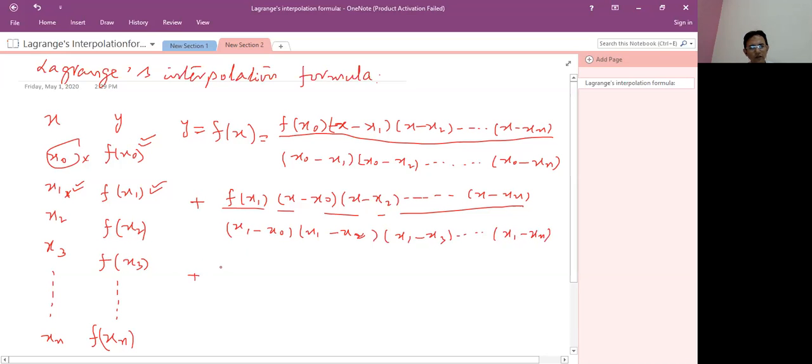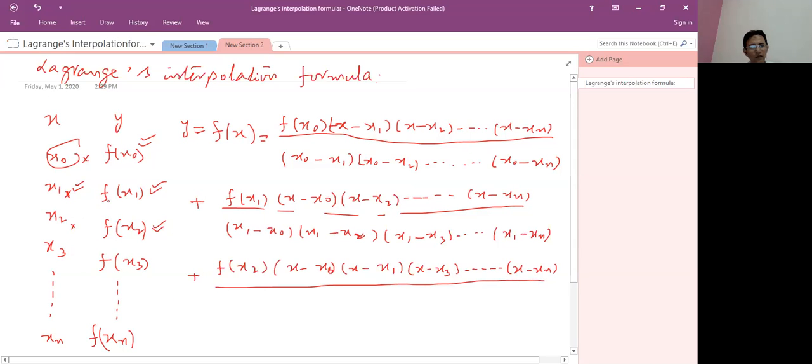Similarly, for the second value, if we consider f of x2, it means we will skip this value and write the difference x minus x naught, x minus x1, x minus x3, but we will skip this value in the numerator. And the last value is x minus xn whole divided by x2 minus x naught.